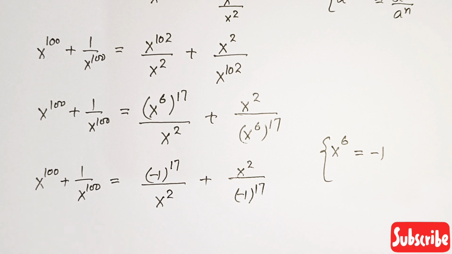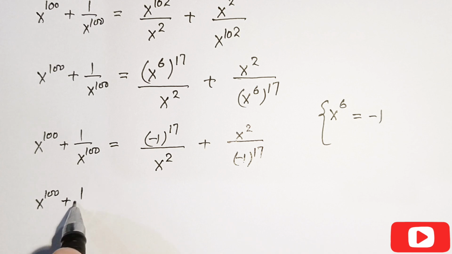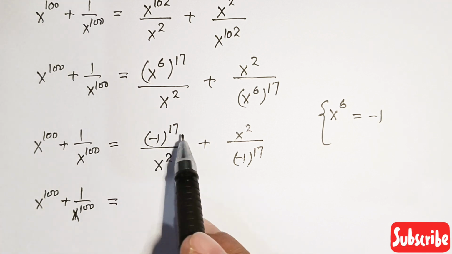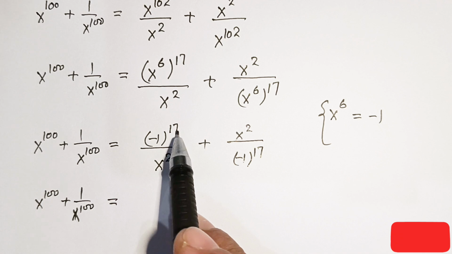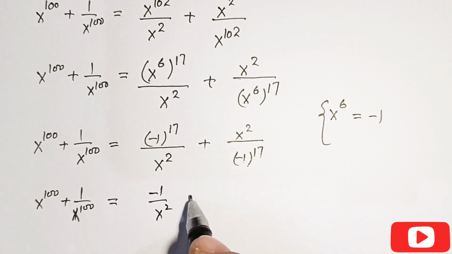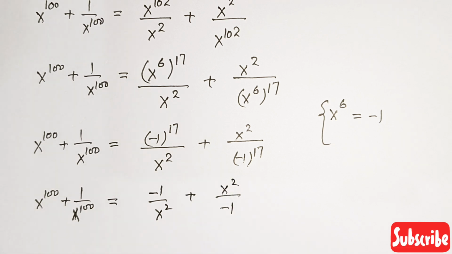Now our next step: minus 1 to the power 17. As this exponent 17 is an odd number, we get minus 1 here, minus 1 over x squared. Similarly, here we have x squared over minus 1.